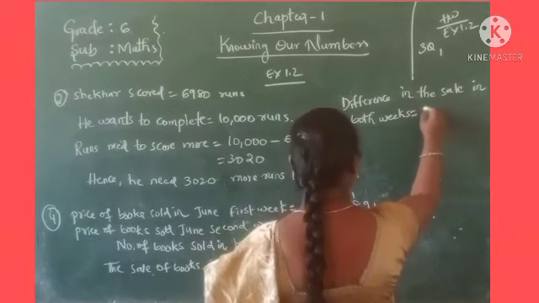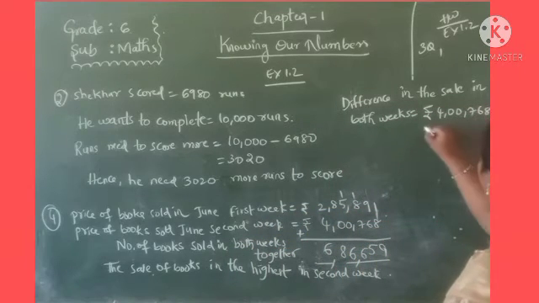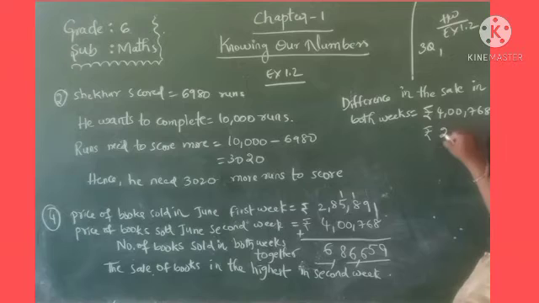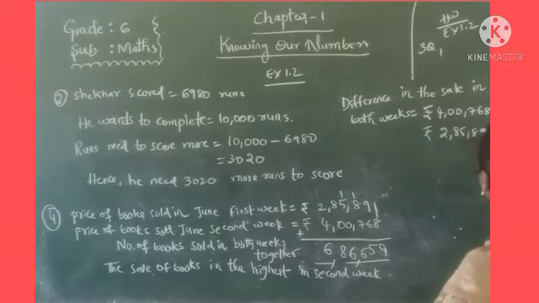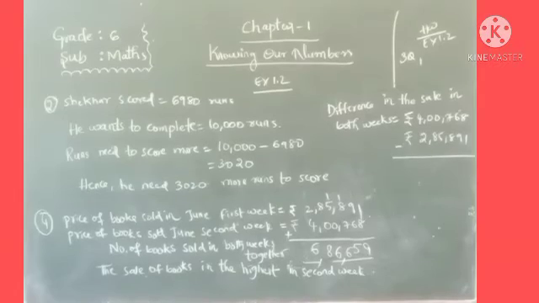That is 4,768 and 2,85,891. Subtraction, right children? So do here 8 minus 1 is 7.